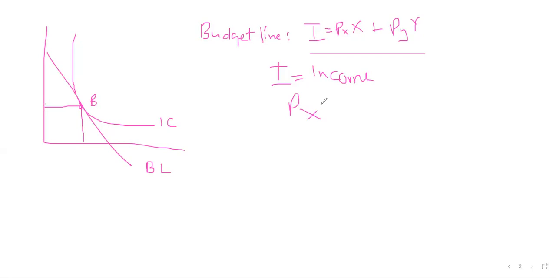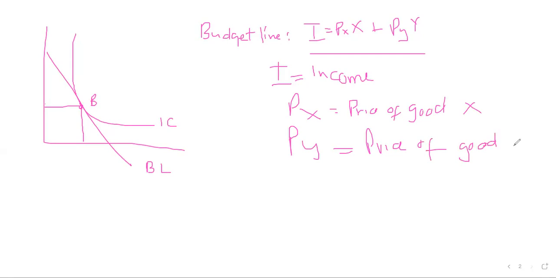So the budget line uses the price of good X, PX, and the price of good Y, PY.